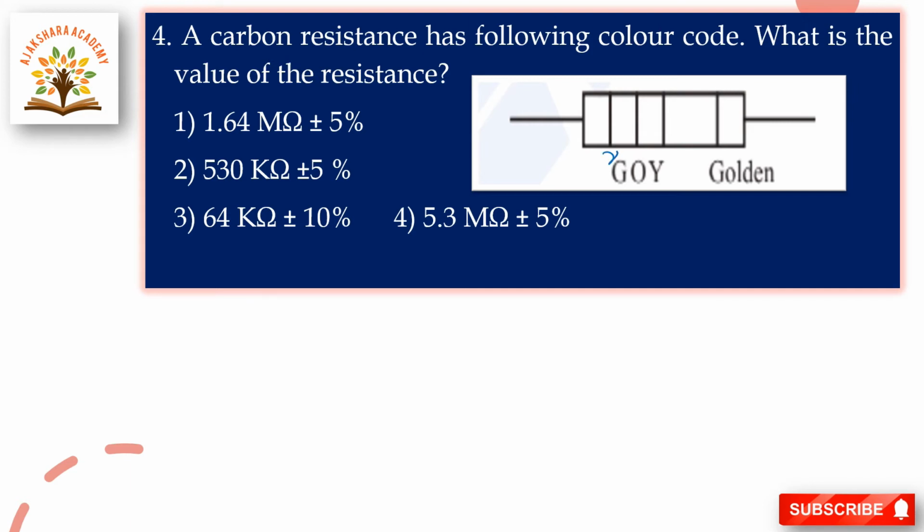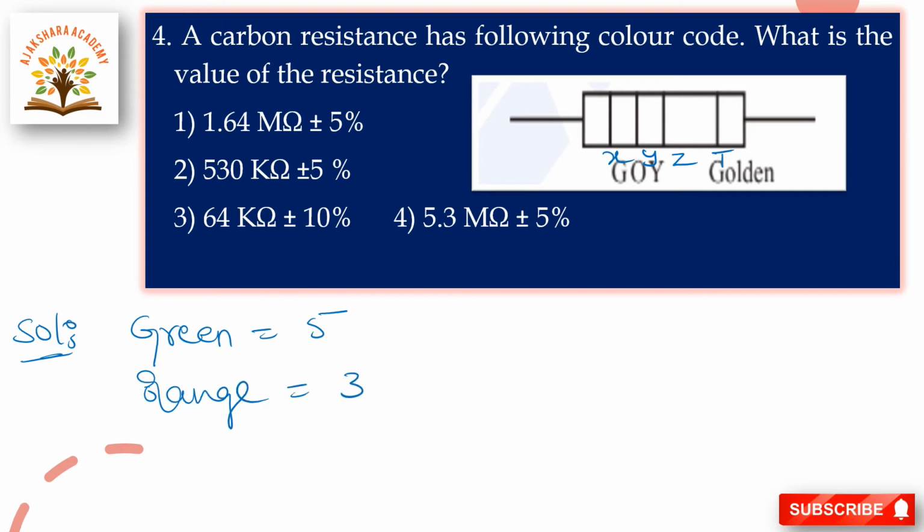This is X, Y, Z and T tolerance. So now let us go to the solution. Green is equals to 5 and orange is equals to 3 and yellow is equals to 4 and gold 5%.